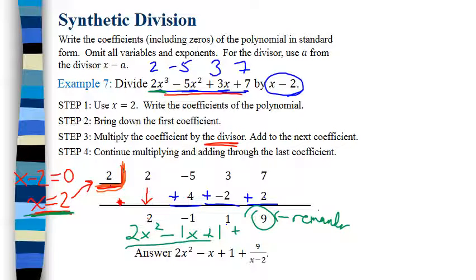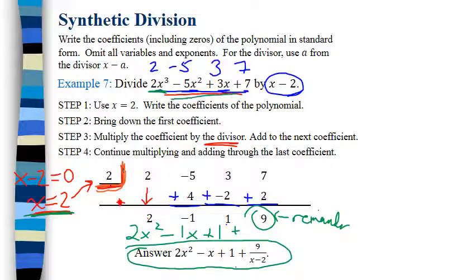So the solution to 2x cubed minus 5x squared plus 3x plus 7 divided by x minus 2 is 2x squared minus x plus 1 plus the remainder of 9, which can be written as 9 over x minus 2.